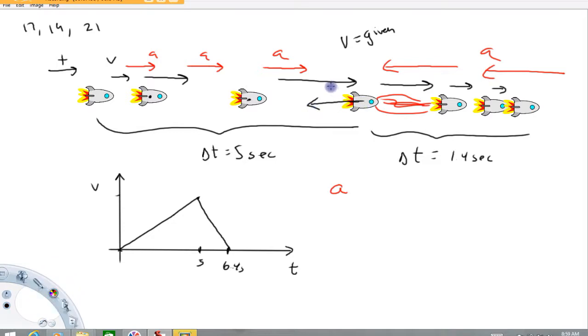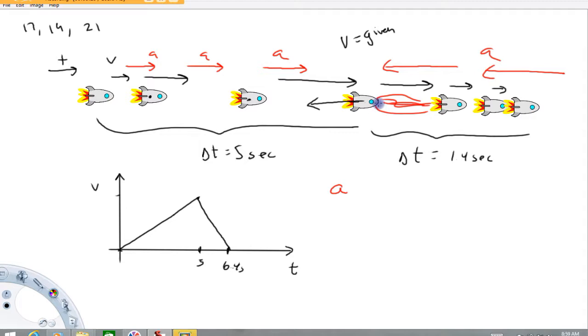While the rocket is moving to the right, the velocity would be decreasing and the acceleration would be in the direction shown. But eventually the rocket would stop, and if you keep that engine on, then the rocket will start moving to the left and that velocity will start increasing. It's important to note that the acceleration would not change sign. It would still be to the left and therefore negative in this coordinate system, even though the rocket would be speeding up. So anyway, the textbook uses the term decelerate.